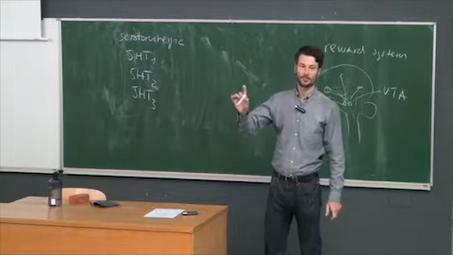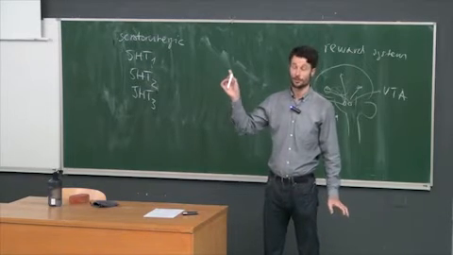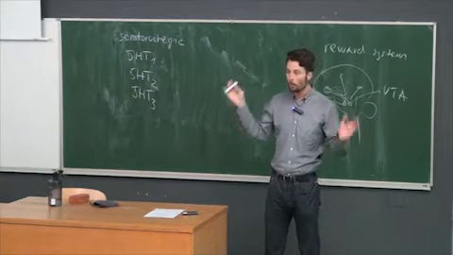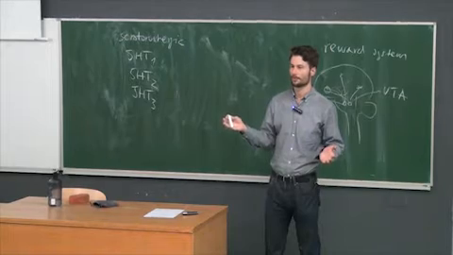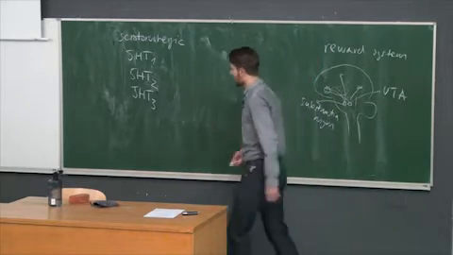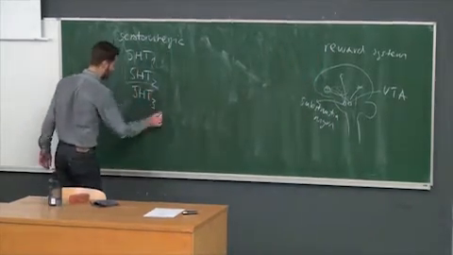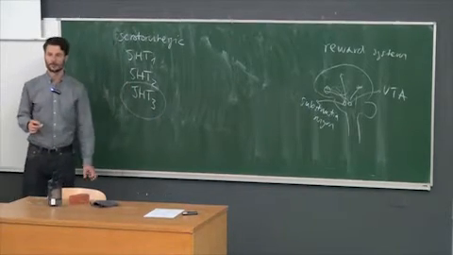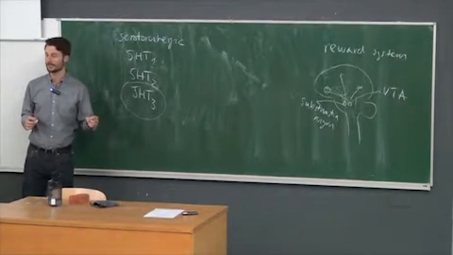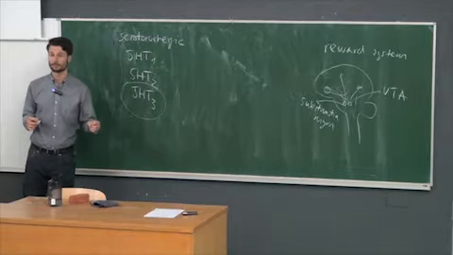Unlike dopamine receptors, and actually adrenergic receptors, which were all coupled with G proteins, 5-HT3 receptors are an ion channel, a ligand-gated ion channel, a cation channel.